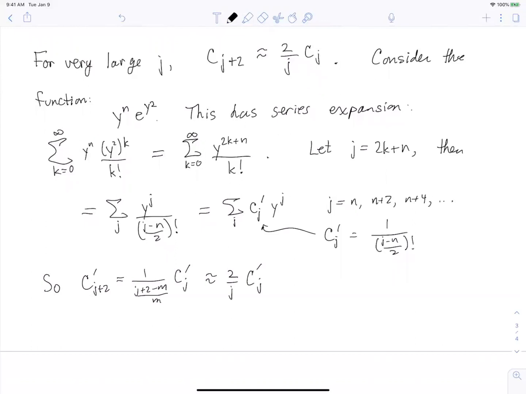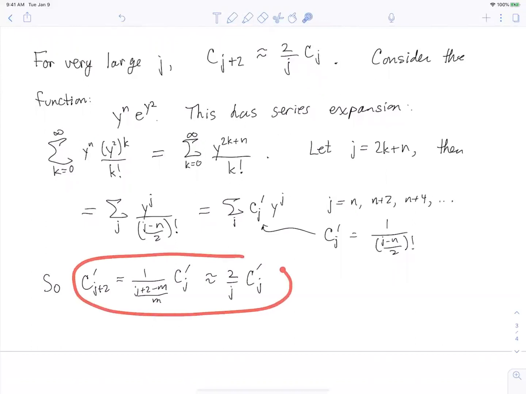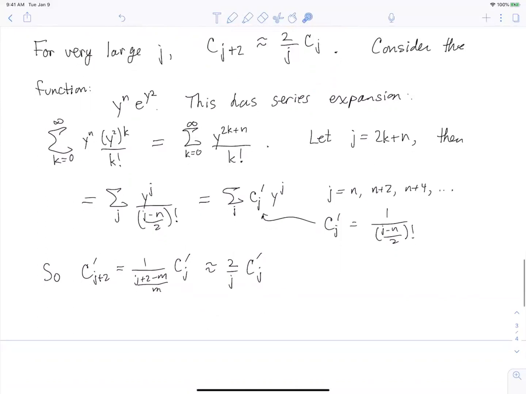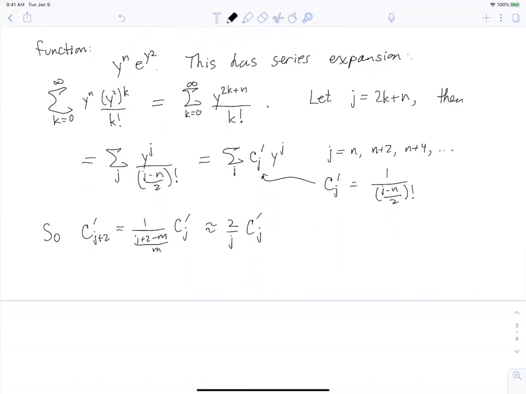Okay, and now the key thing is to notice this recurrence relation for these coefficients is the same as the one we actually found. And so that allows us to conclude that the u of y that we found is y to some power n times e to the y squared for large y.